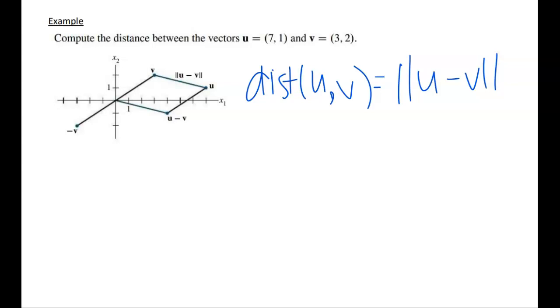So if I need to figure out the distance between vector u over here and vector v, that's going to be like this line, right? Well, that's u minus v. So it makes sense that I can just take the norm of that difference, and that's going to be the distance of the vectors.